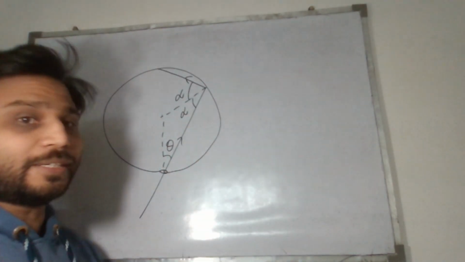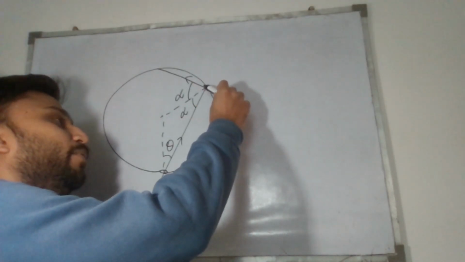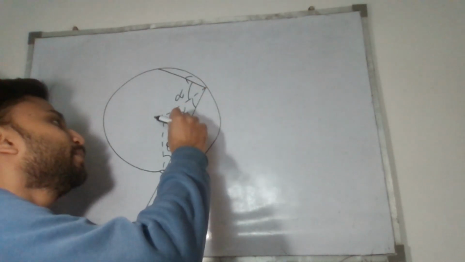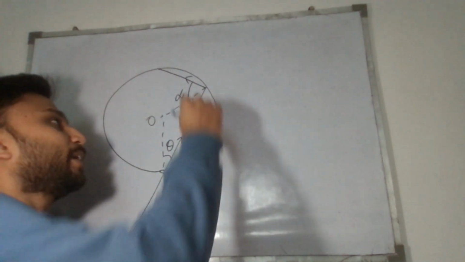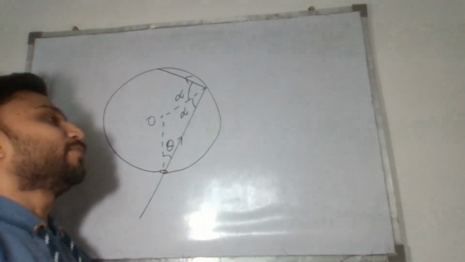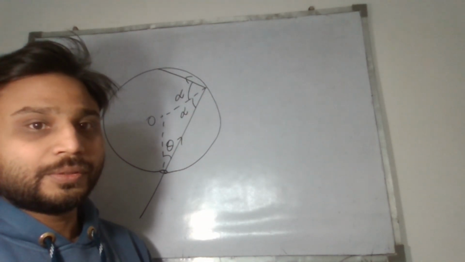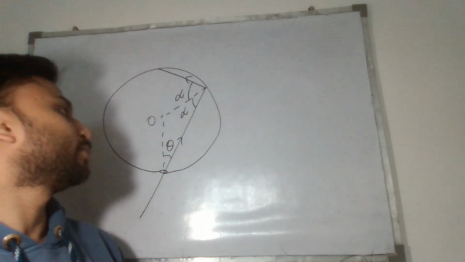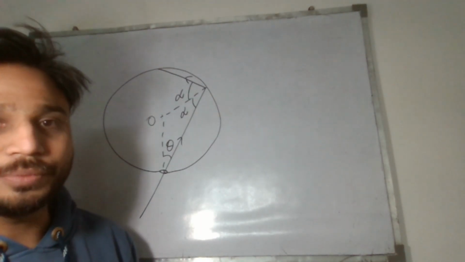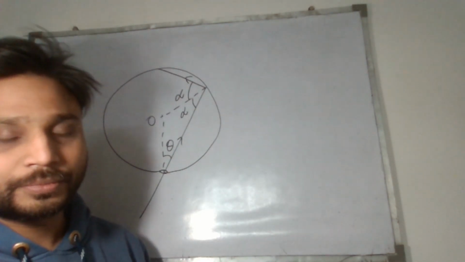How do we find that angle alpha? We connect that point from which light is reflected to the center of the circle, and at the same angle the light will be reflected away from that point. So that is what reflection means. Angle of incidence is equal to angle of reflection.